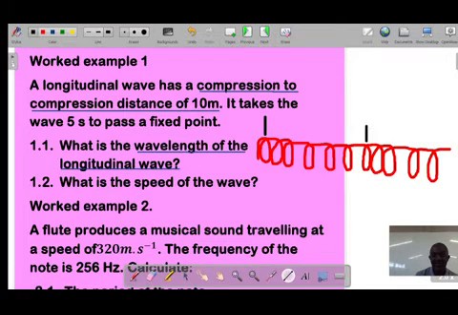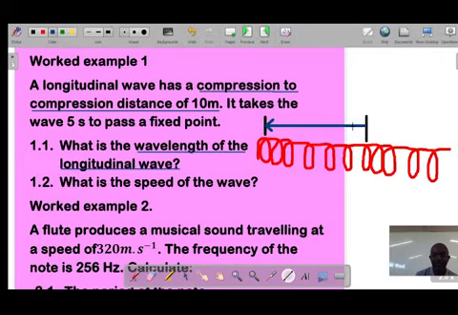Now if I look at the distance between the starting point of this compression and the starting point of the next compression, what did we say it represents?